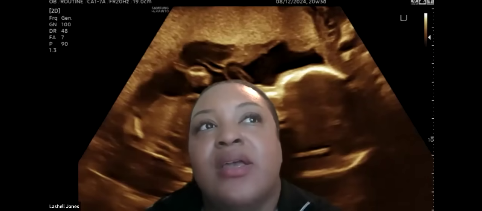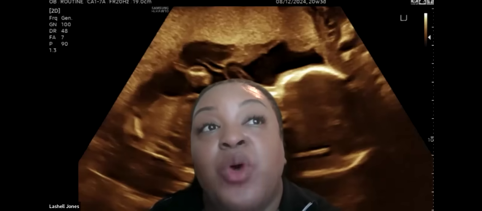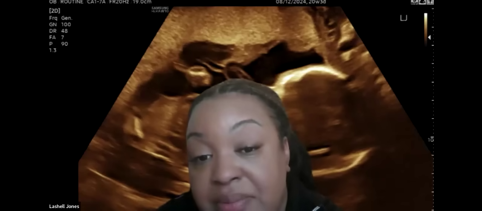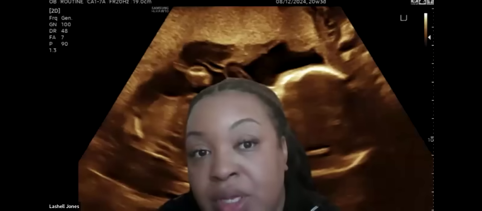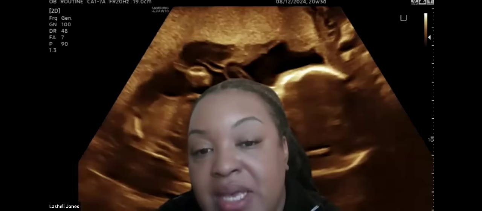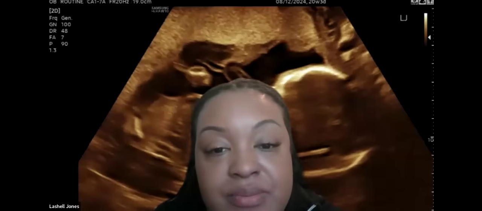I would say I have not seen that. But what I have seen is where a patient did not do prenatal screening, and the ultrasound was normal, and then the baby had Down syndrome.